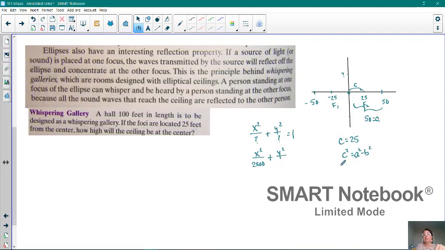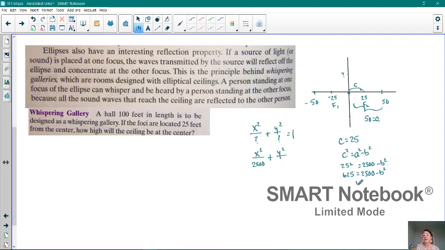So 25 squared is equal to 2,500, that was a squared, minus b squared. All right, so 25 squared is 625, is equal to 2,500 minus b squared.